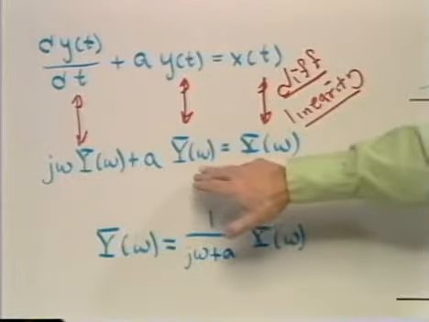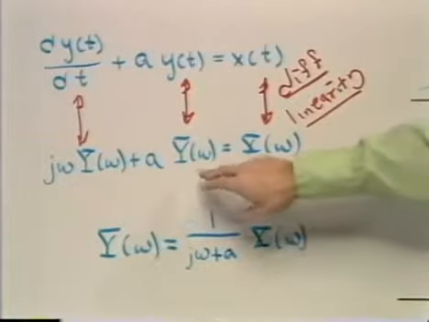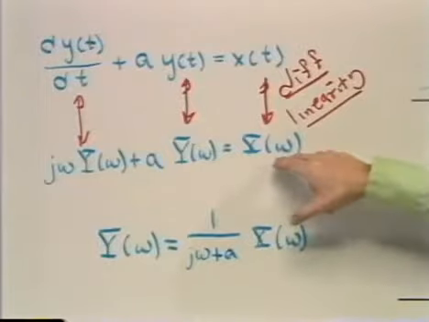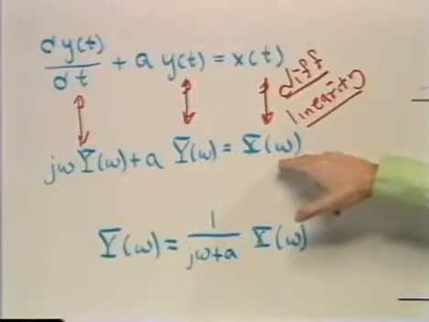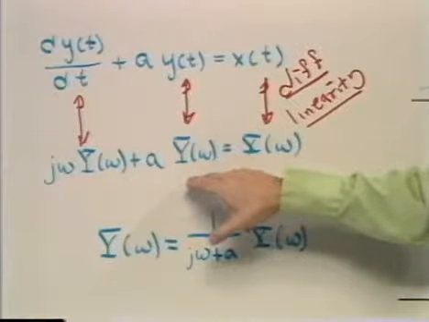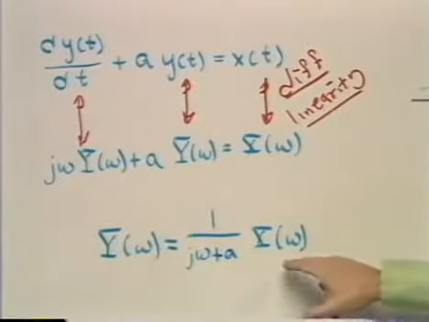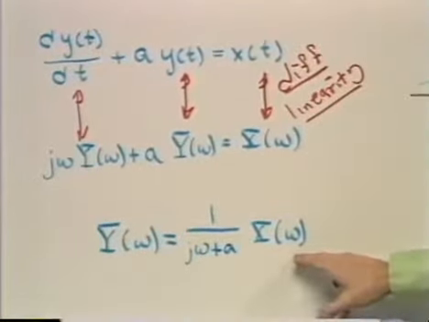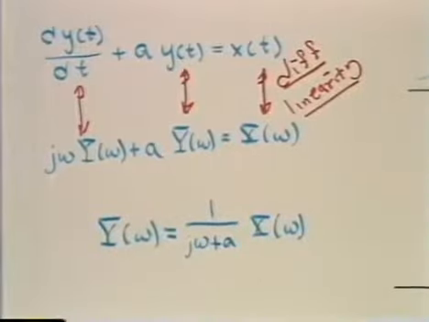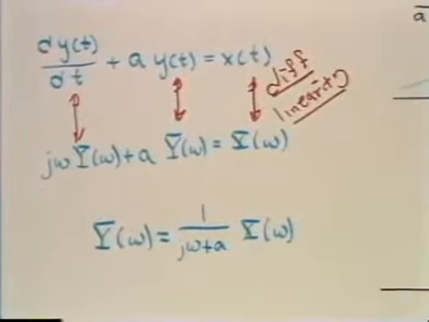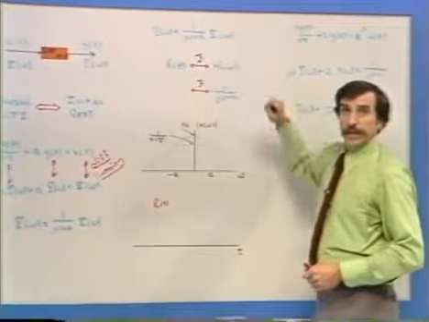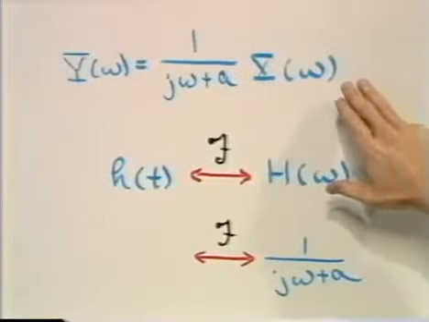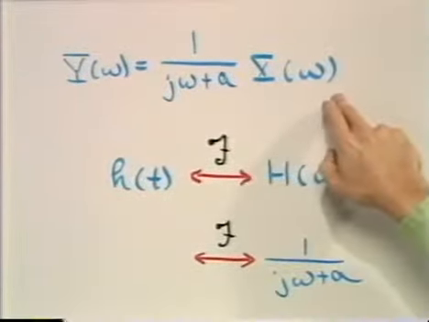All right, now we can solve this equation for Y of omega, the Fourier transform of the output, in terms of X of omega, the Fourier transform of the input. And a simple algebraic step gets us to this expression. So the Fourier transform of the output is 1 over j omega plus a times the Fourier transform of the input. And I've just simply repeated that equation up here. Now, so far, this is algebra. And the question is now, how do we interpret this?